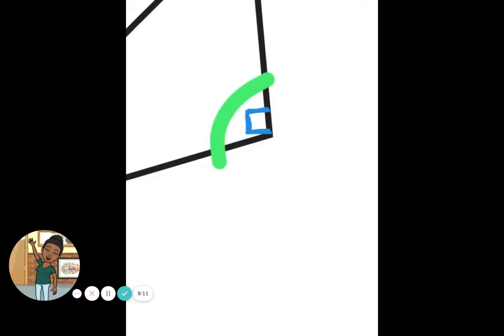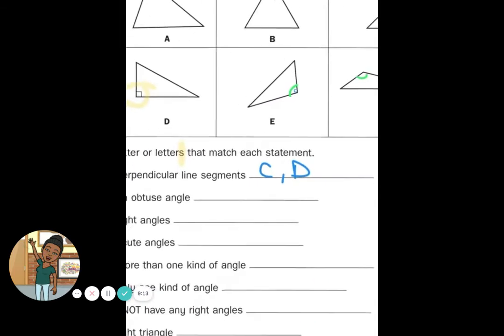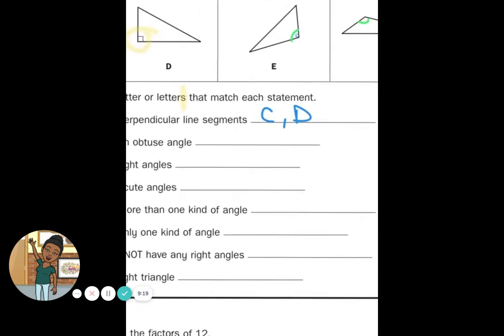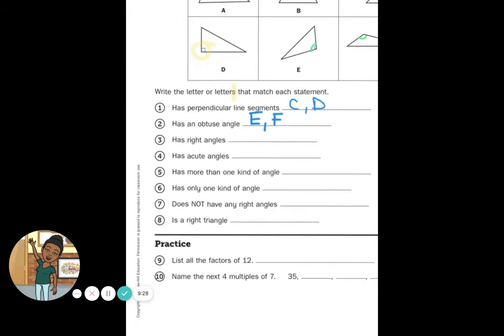So it's more than 90 degrees. So unlike C and D, E and F are what we call obtuse triangles, where they have obtuse angles. So we'll just put those letters there, E and F. So that's how we go about doing it.